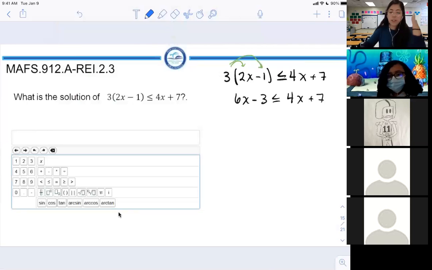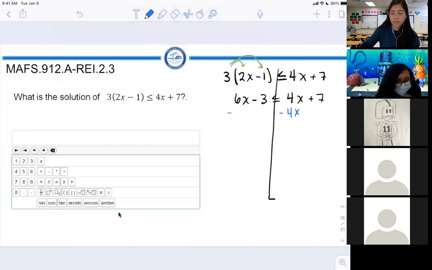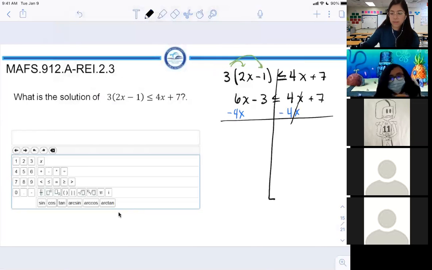Careful, Tyrone, it's not really combining like terms, because when you combine like terms, they have to be on the same side. Are there any like terms on the same side? No, so we're moving the 4x by subtracting. 6 minus 4 is 2x, so 2x minus 3 is less than or equal to 7.